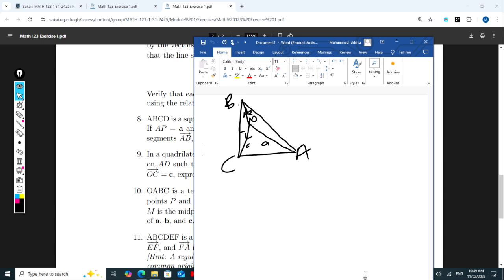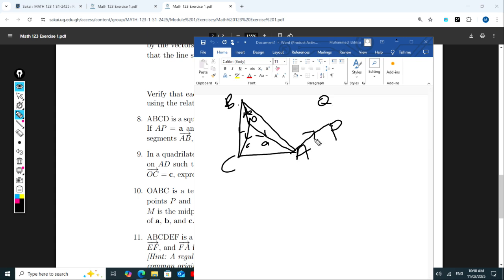So we are assuming that maybe point P is here, and Q, let's say somewhere here.